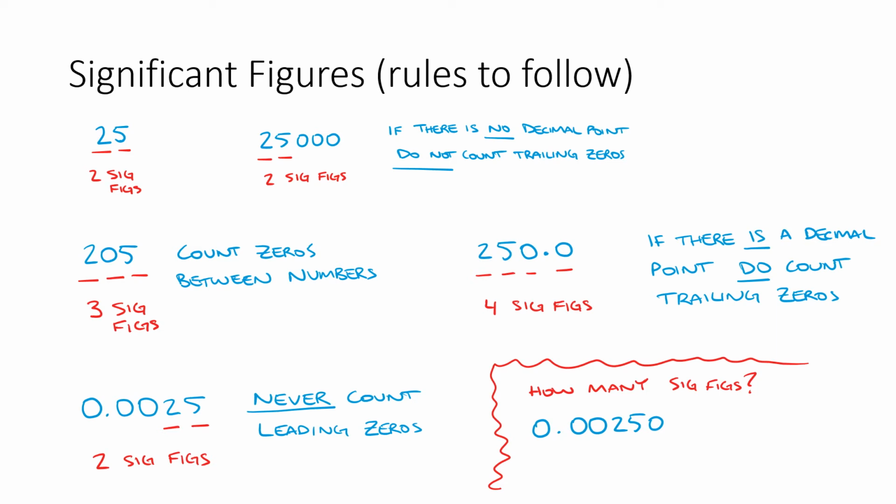So if there is a 205, this will be 3 significant figures, because if there's a 0 within 2 other values, it also counts.